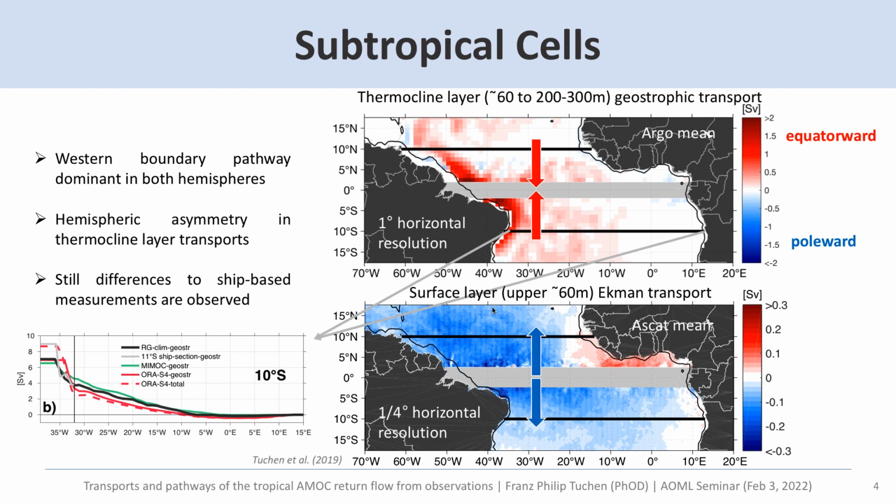Okay, and it's maybe worth mentioning that the surface layer is defined as roughly the upper 60 meters, and the thermocline layer is defined below and down to about 200 to 300 meters, which is equivalent to a diapycnal boundary. But due to the shoaling of the diapycnal towards the east, this is a range of depth.